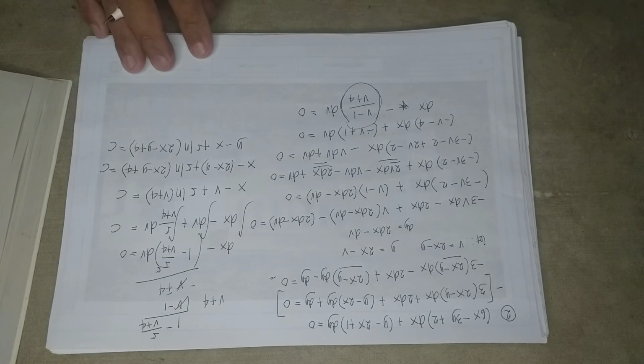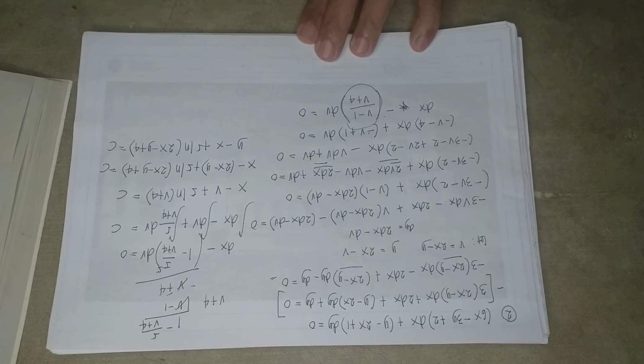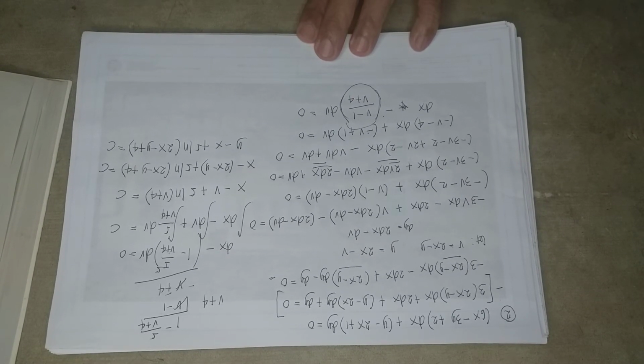Okay? So, the answer in the book is 3x minus y. His v is y minus 2x. Minus 2x minus y. So, how did it happen?